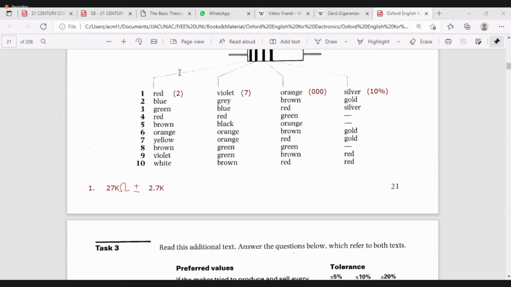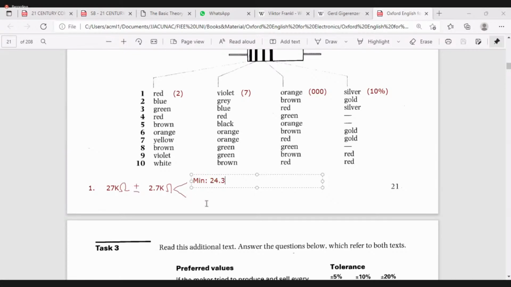Now, calculating what is the minimum, what is the maximum. That means that we have the minimum value is, if we subtract 2.7 kiloohms from 27 kiloohms, we obtain, any volunteer to help me? Nobody. Come on, really? 24.3 is okay?